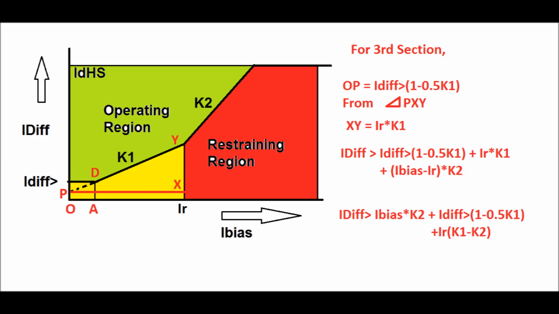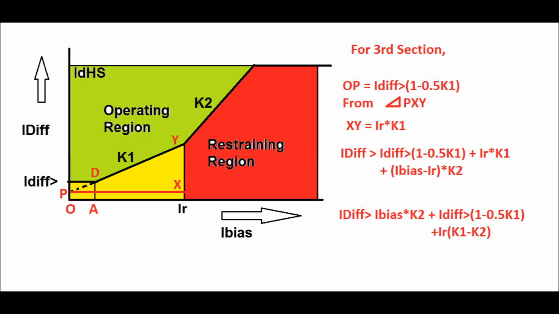So we can calculate the value of the I differential for the second slope region that must be satisfied in order for the relay to send a trip signal. I differential must be greater than I differential greater than into 1 minus 0.5 K1, that is the value of OP, plus IR into K1, that is the value of XY, plus I bias minus IR into K2.